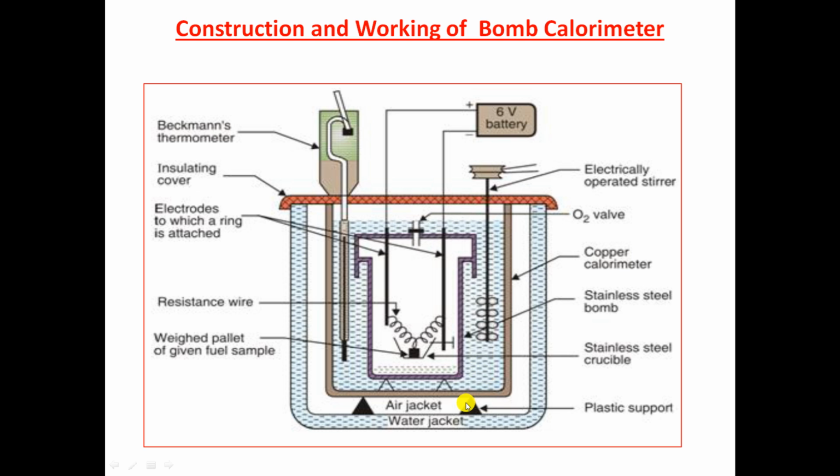Now we are going to discuss the working of the bomb calorimeter. A known weight of fuel sample is taken in the stainless steel crucible. Then a magnesium fuse wire is made to touch the fuel sample in the crucible.